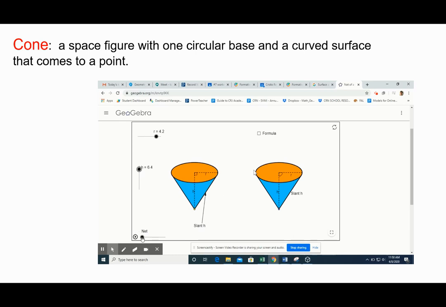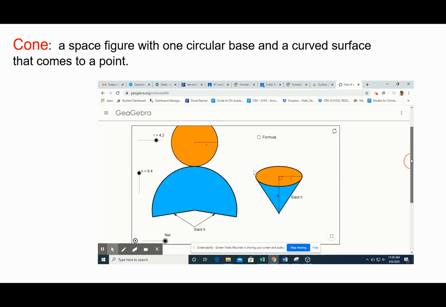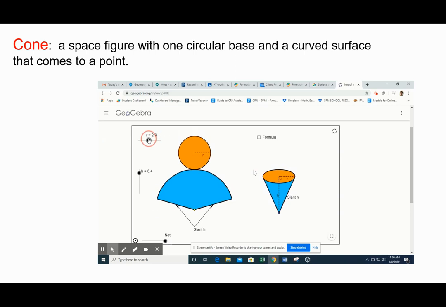But interestingly enough, when we open this up, there's our top. We have our circle at the top, and we have in here almost a semicircle. Not quite, but pretty close. So I'm going to make that radius a little smaller so you can see what we're looking at.